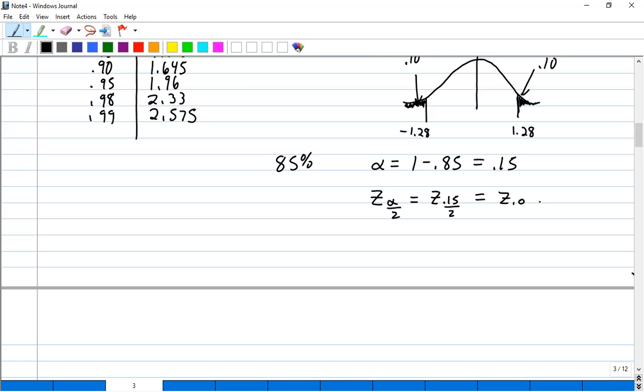0.075. Is that right? And I can take a calculator and do it. Yes. All right, so what that means is if I look up an area in my table of 0.075, it's going to give me the negative value.